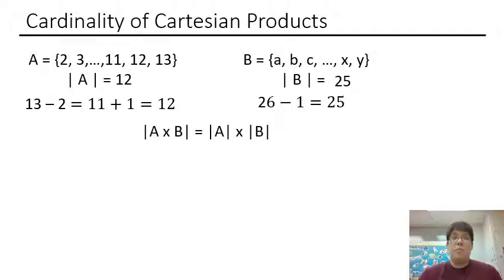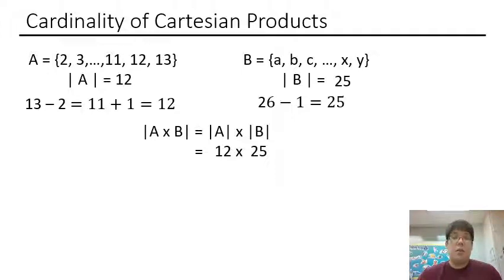Well, if you remember back to the first couple of examples, the cardinality of A crossed with B is equal to the cardinality of A times the cardinality of B. So I can just say that this Cartesian product of A crossed with B will be 12 times 25.